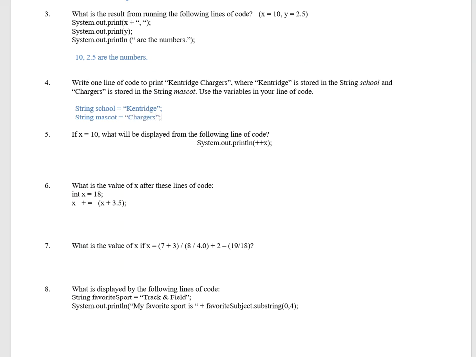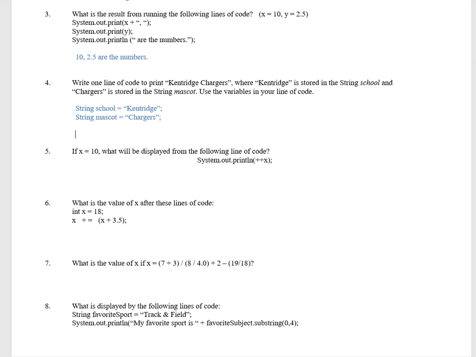Okay, all right, but what they really wanted was to write the line of code that prints Kentridge chargers. So we know that the line of code is system.out.println. All right, and then it's going to print school, which is Kentridge, plus I need to put a space, and then I'm going to put mascot.